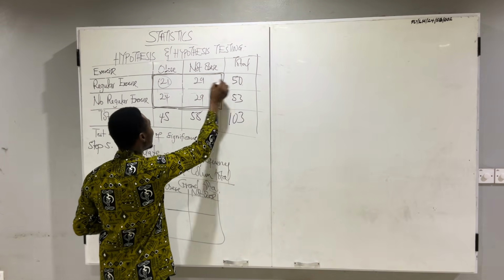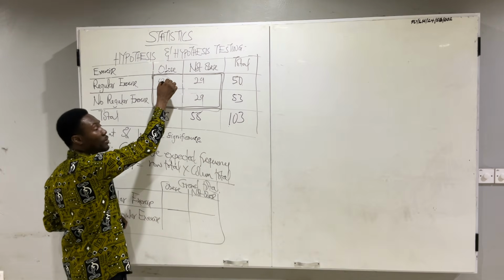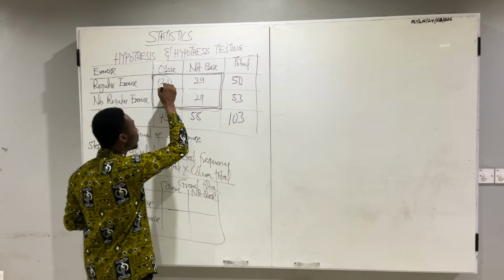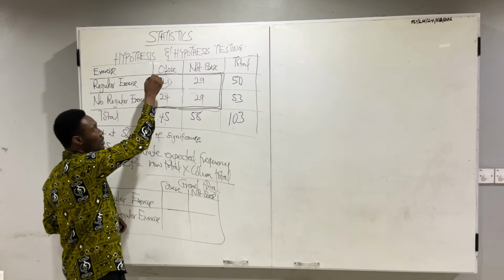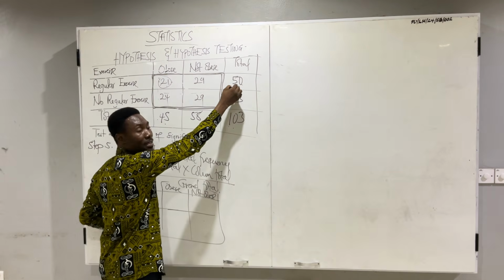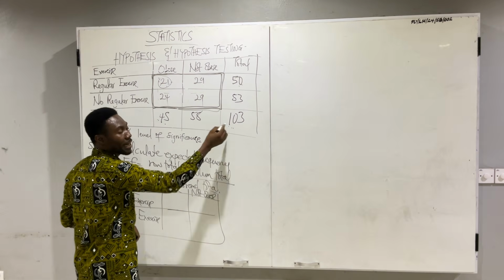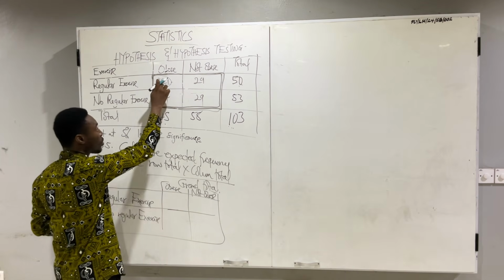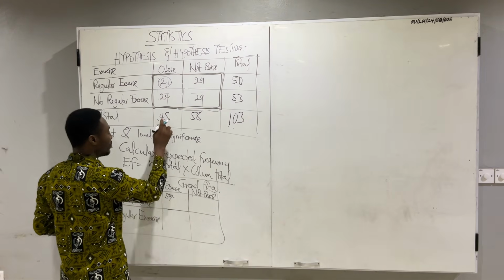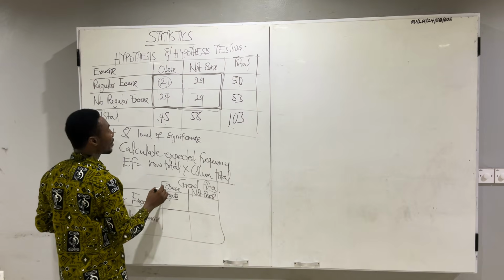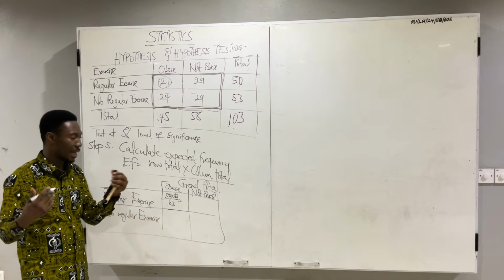The row total is 50, multiplied by the column total 45, divided by the grand total 103. Then you compute the answer. Quickly compute the answer for me.